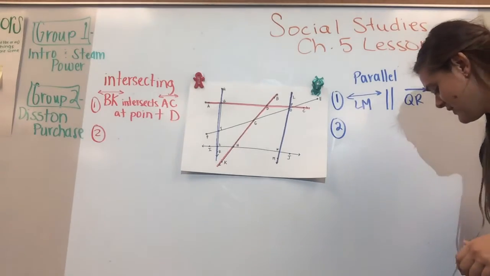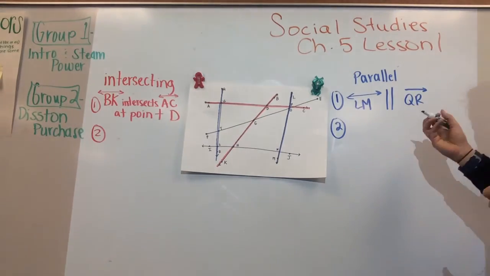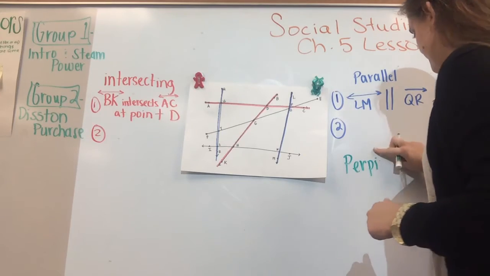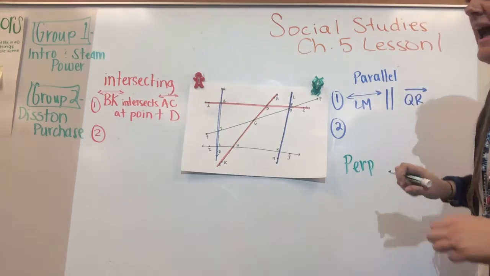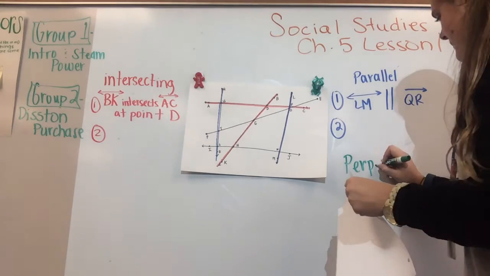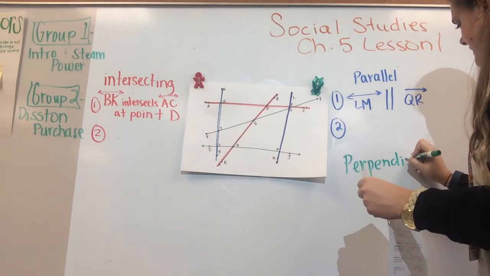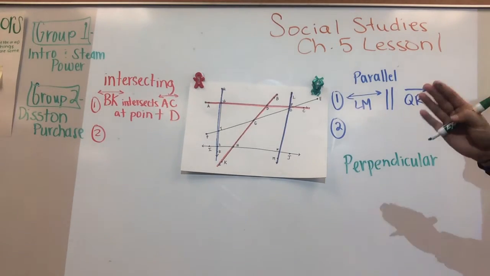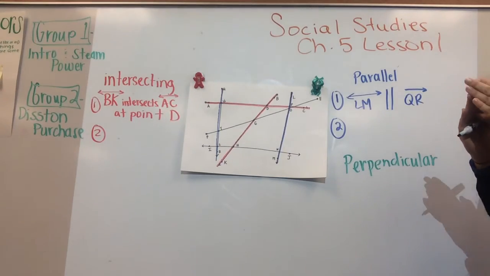Now, I want you also to see if you can find perpendicular lines. So a perpendicular line intersects and forms right angles.